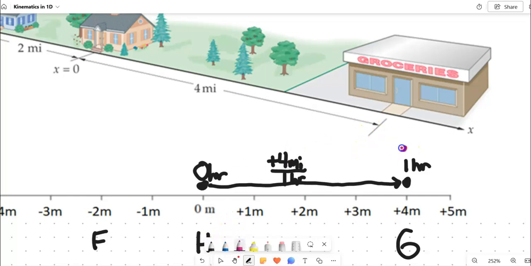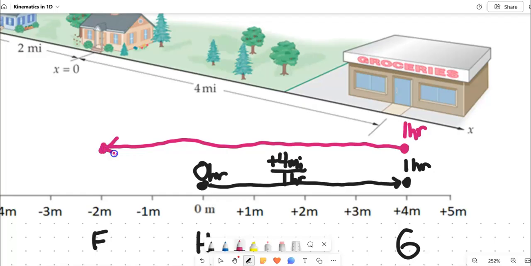Now, starting here at the 1 hour mark, you're going to walk all the way to your friend's house. They said it's going to take you 3 hours, so you arrive at your friend's house at the 4 hour mark, because 3 hours after 1 hour is 4 hours.